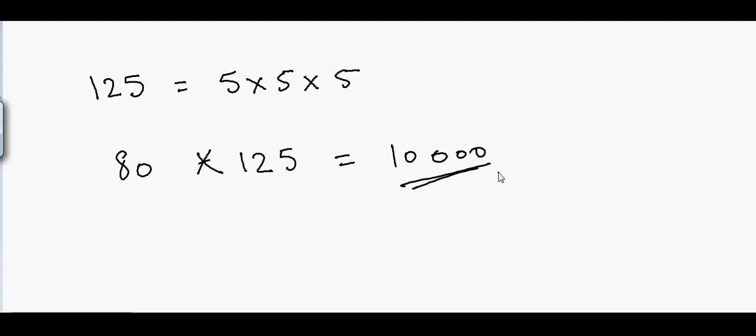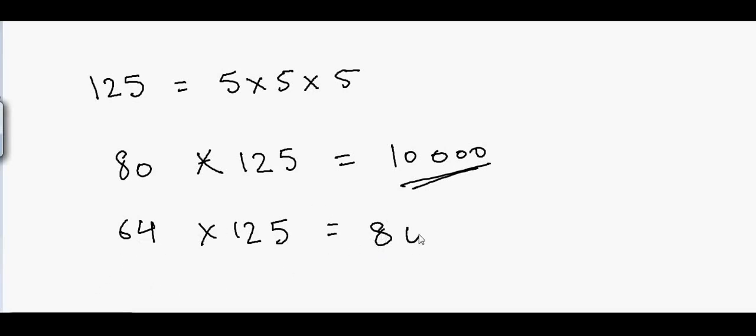Again, let's take another example. If I have 64, as we know that 8 into 8 is 64. So in this case, if I multiply by 125, that will be equal to 8, because we divided 64 by 8, and then put 000 at the end.